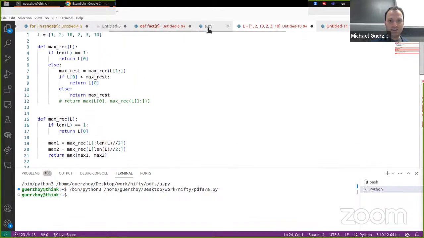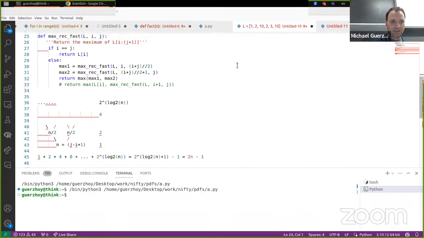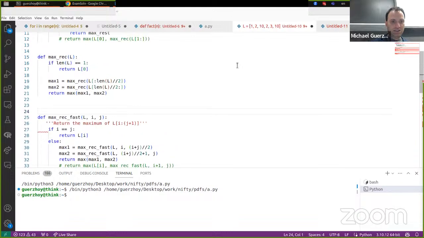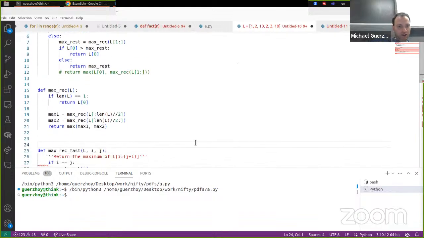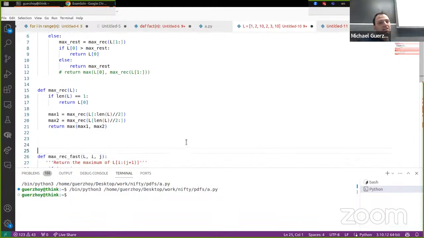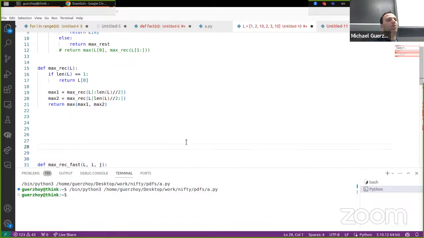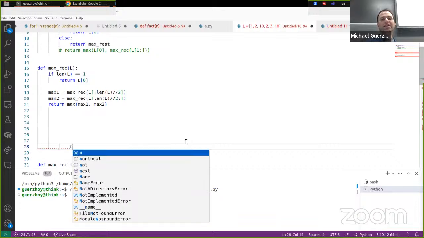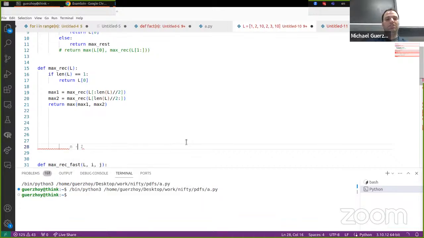That's the fast one. I kind of hand waved it. So here it is. We are starting with a list of length n. Here it's the length of the list.